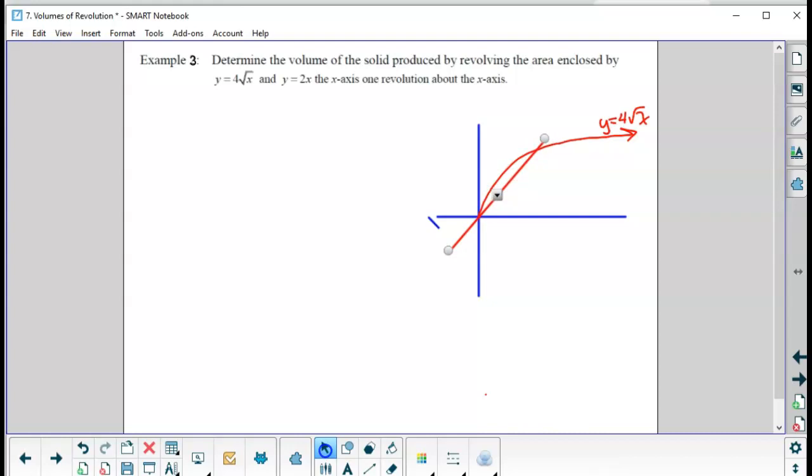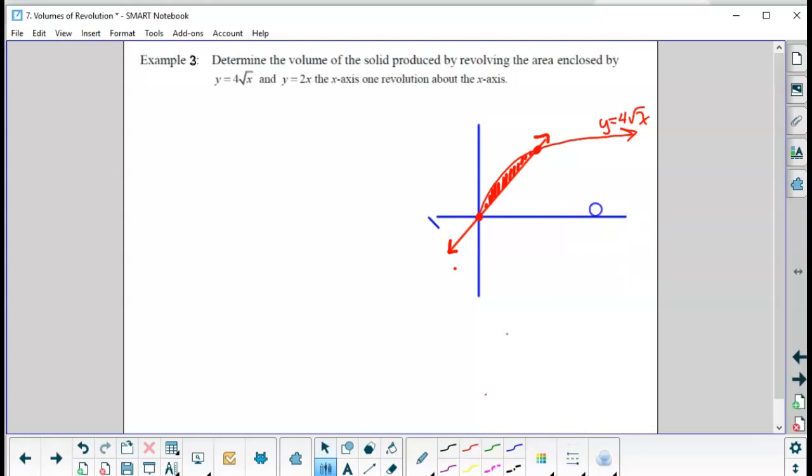I don't have a scale on my graph, but I already know that they intersect at 0, 0, just from the knowledge of those two functions, but not sure where else they intersect. This is what we're going to rotate. So we want to find the point of intersection to start.